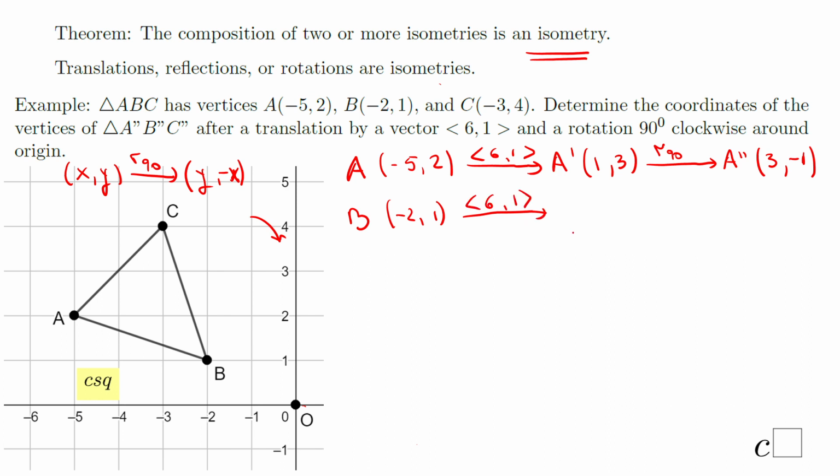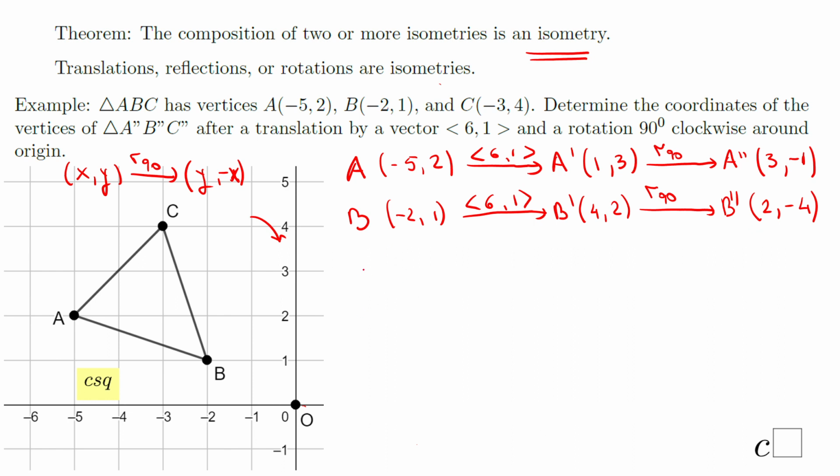That is the easy part, and we have -2 plus 6, that is 4, 1 plus 1 is 2. And now this rotation, this one is usually the one that I can get lost also. But again, now I have the rule which tells me, hey, y becomes x, we move it here to x becomes y, and change the sign. In this case, 4 becomes -4.